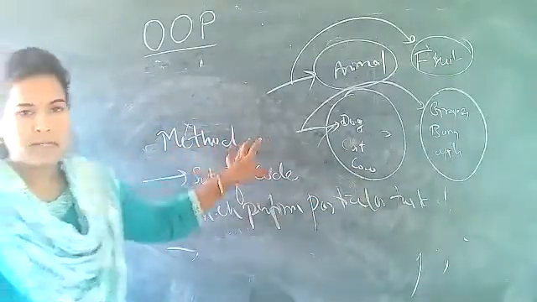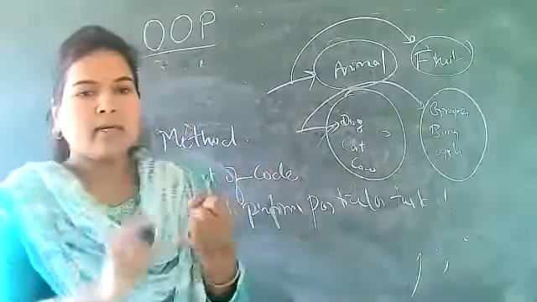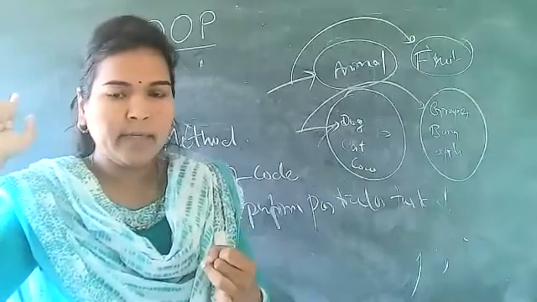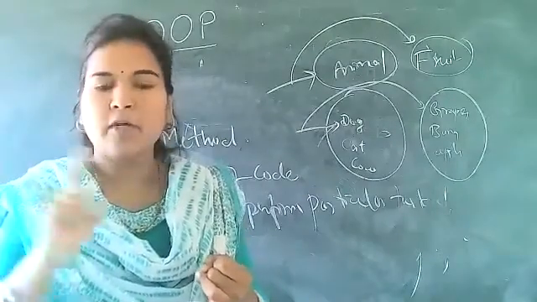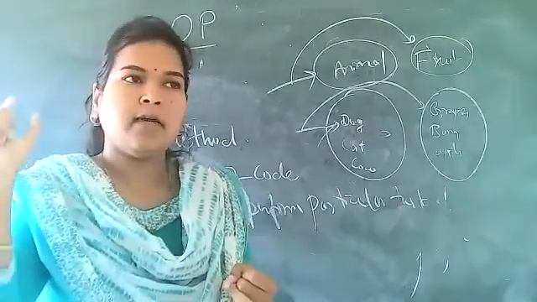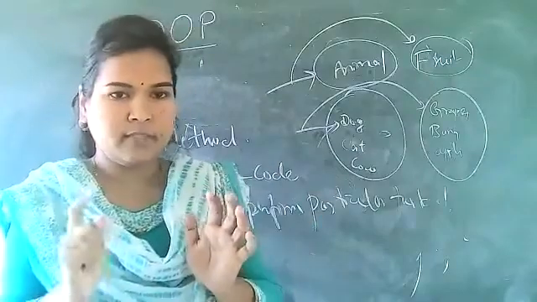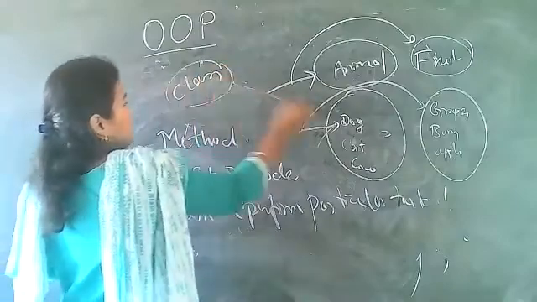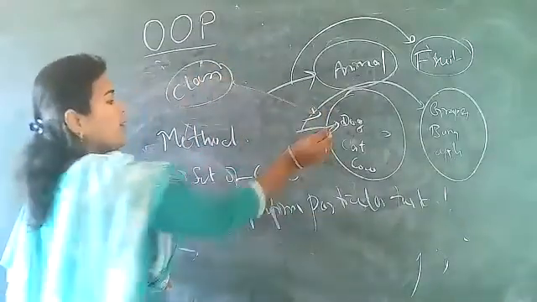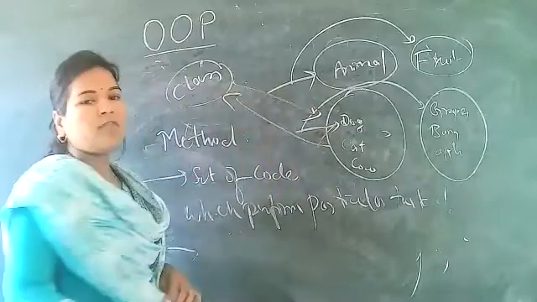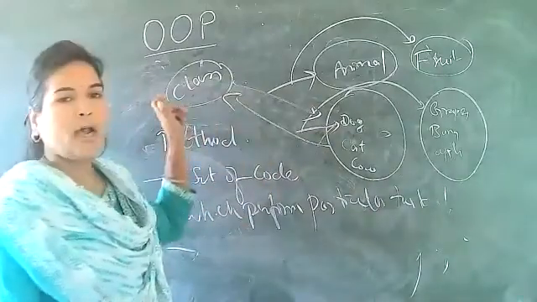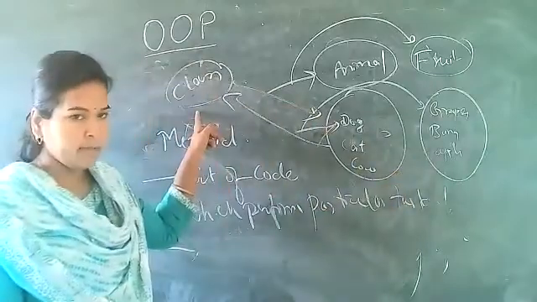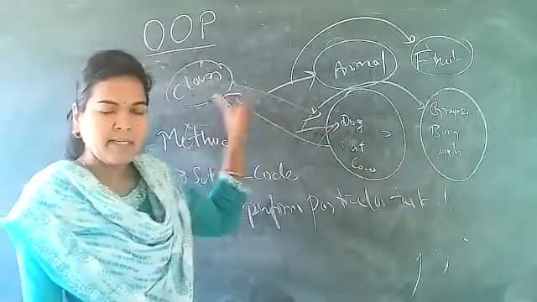Did you understand today's class? Class, object, and method. What is a class? It is not real, it doesn't have any memory, but it is a collection of objects. Keep it in mind. What is an object? An instance of a class. A class doesn't have memory, it is not a real entity.